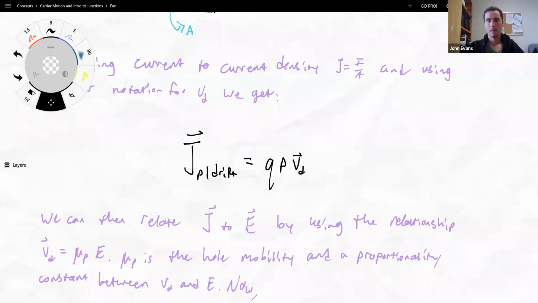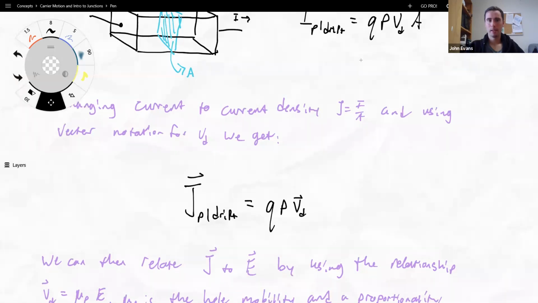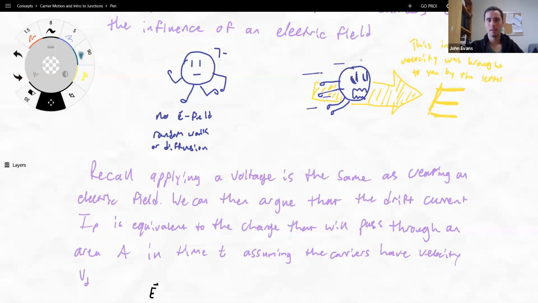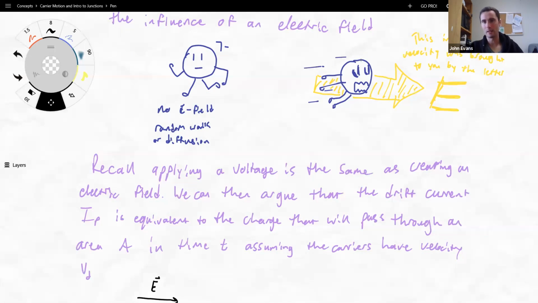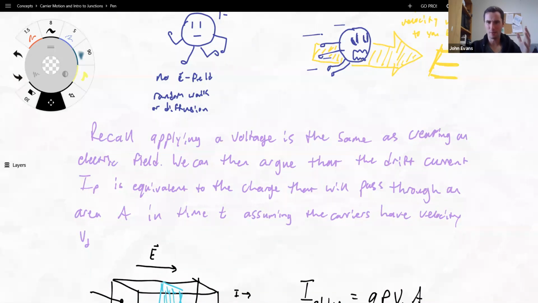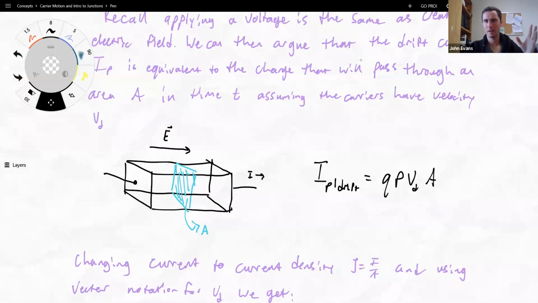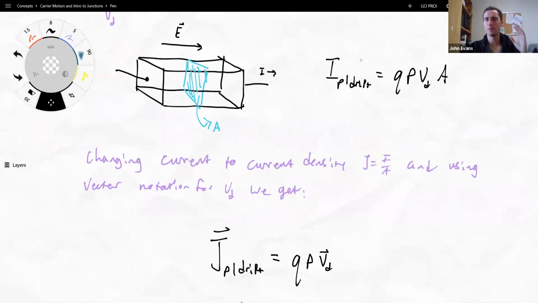Okay. But we want to relate the current density not to the velocity of our species, but to the electric field strength, right? Because that's what drift is: current versus electric field strength.